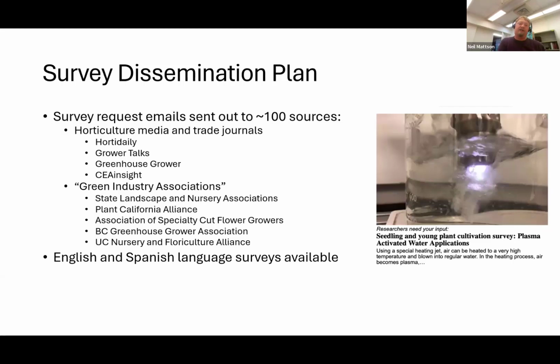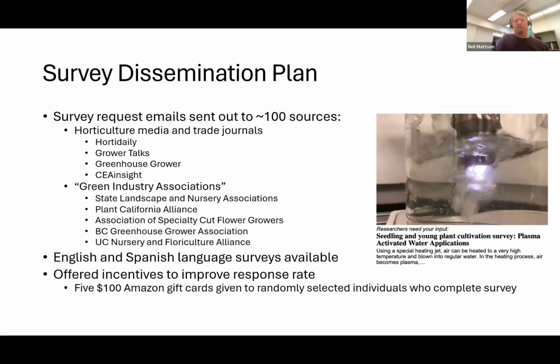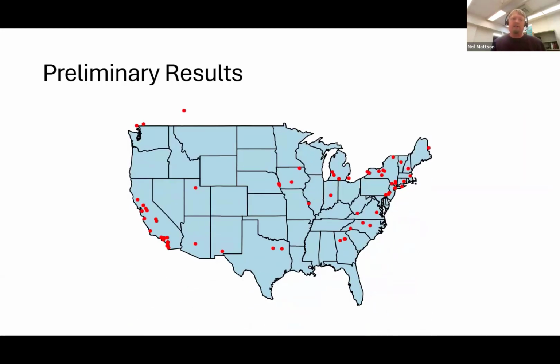And we included a short background on plasma activated water at the beginning of that survey as well. We did offer an incentive, so 5 respondents to the survey will be randomly chosen and receive $100 Amazon gift cards. So in terms of the results, we got back just over 120 results, with over 80 actually completing the survey to the end.